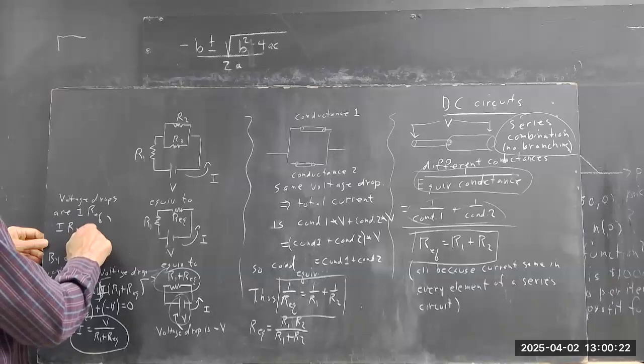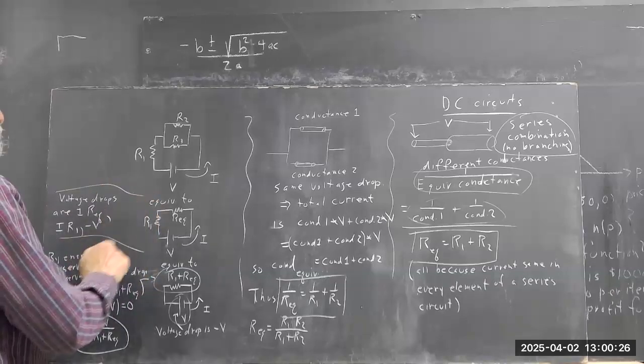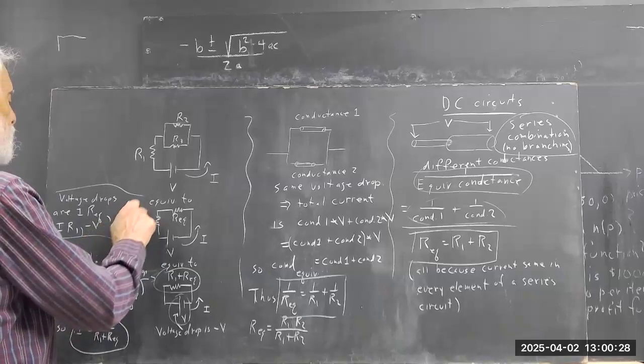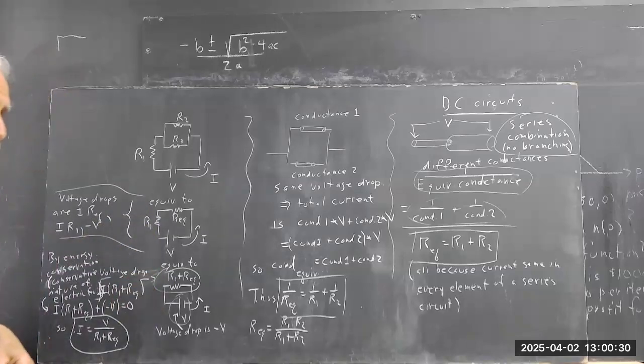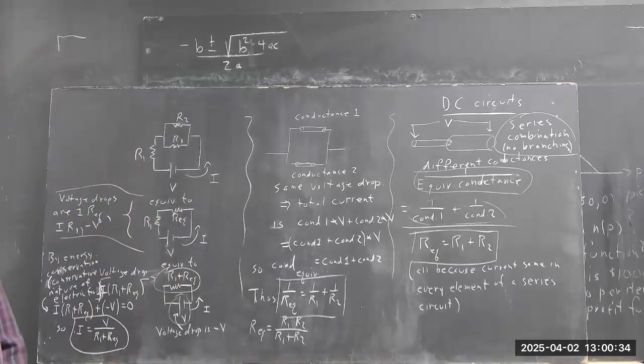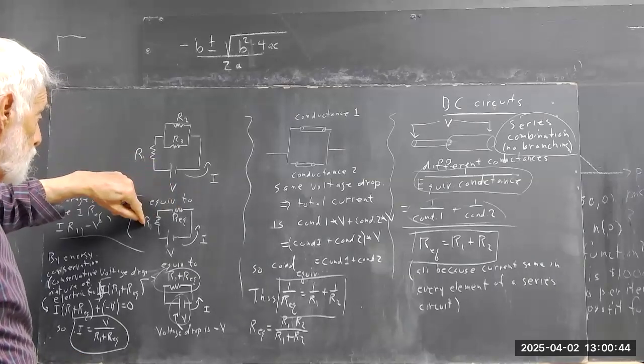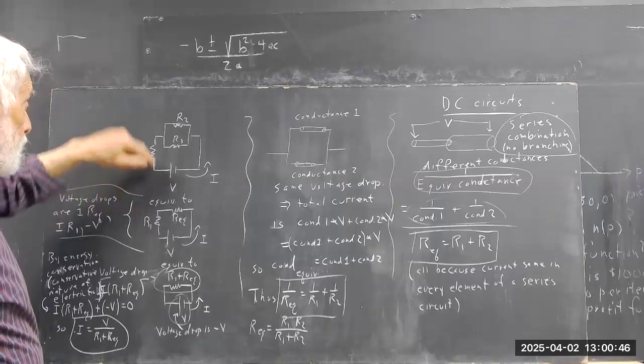I times R1 and negative P. You multiply your current by your resistance, you get your voltage drop. Okay, in the direction of the current. So I can immediately figure out what the voltage drop is here and here.